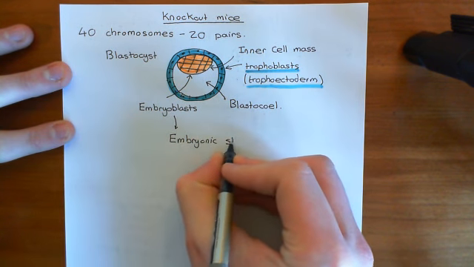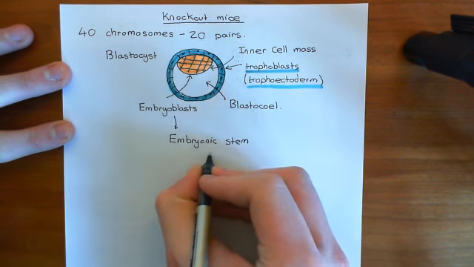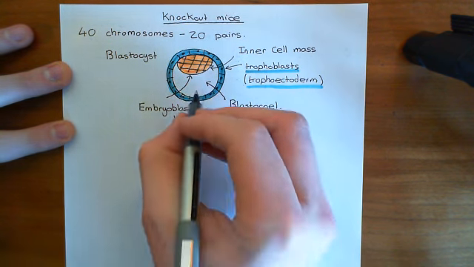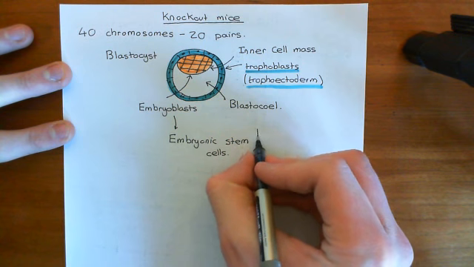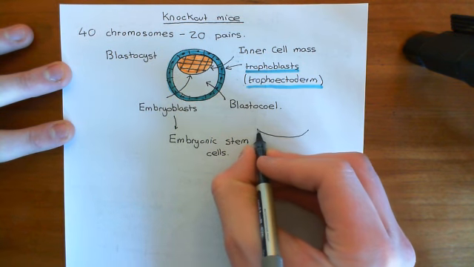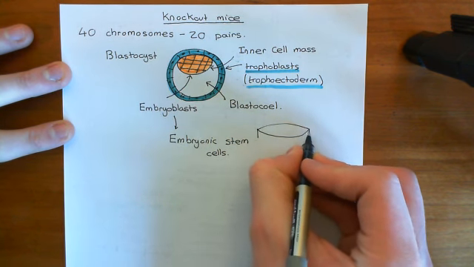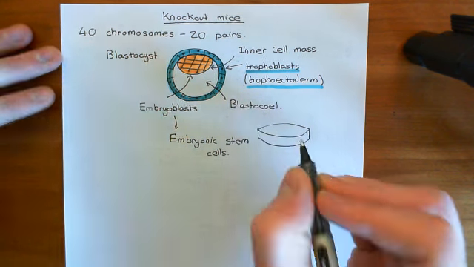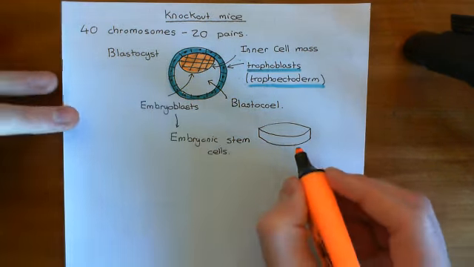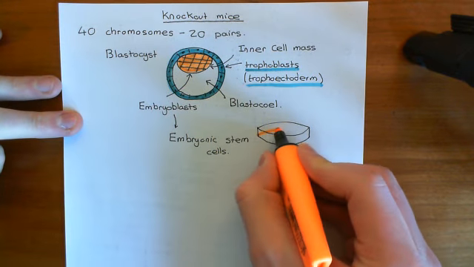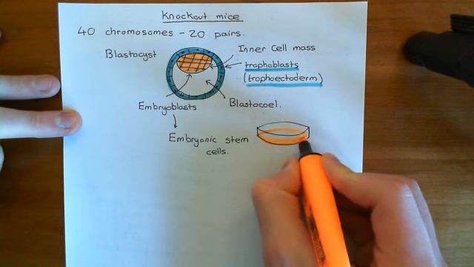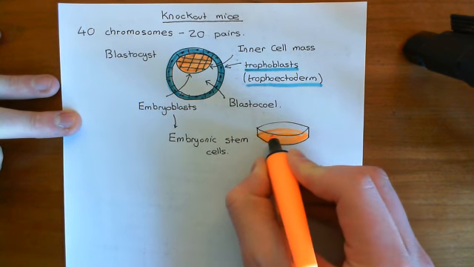You can actually extract these embryonic stem cells from a blastocyst and culture them on a plate. I can get my cell culture plate here, and you can keep them alive in a cell culture laboratory, basically. If you put them in the right conditions, we can culture and grow these embryonic stem cells and maintain them alive.